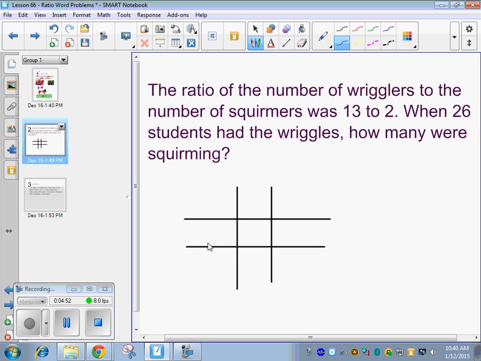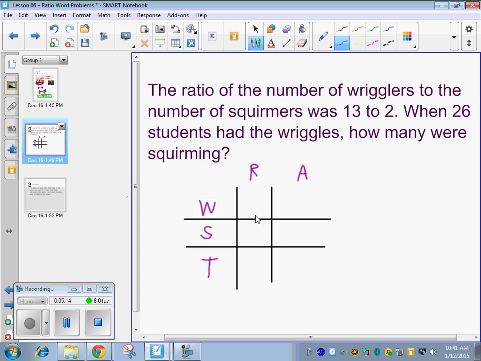Somebody who hasn't gone yet, what can I label this column here? Jacob? Wrigglers. And then Isaac? In the middle we put our ratio, and over here we're going to do the actual.